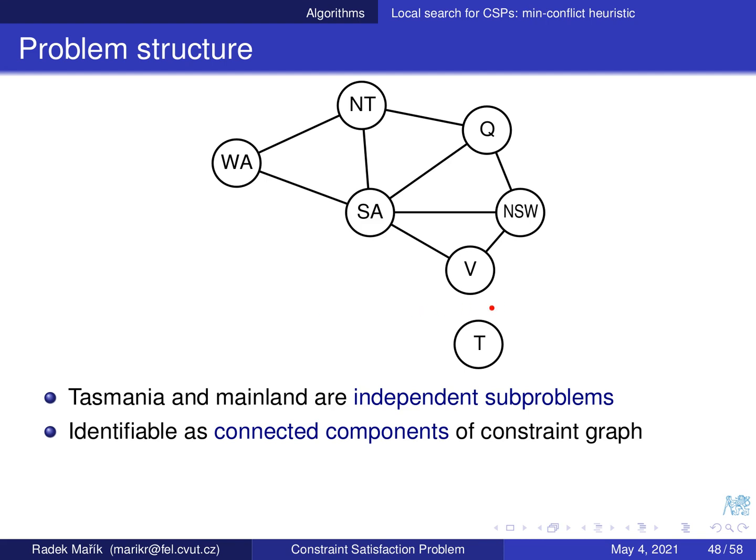We can solve independently this Tasmania and the rest of the states. So the first thing is to check if there are some connected components, and then deal with each component as a standalone problem.